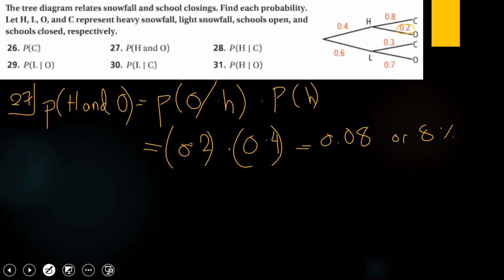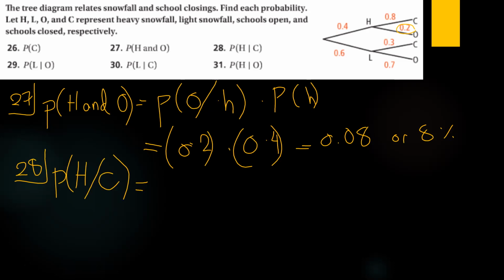Now let's look at 28. In 28 here, we have the probability of heavy given that closed. Now they give me the probability of closed, this 0.8. This 0.8 represents the probability of heavy and closed.